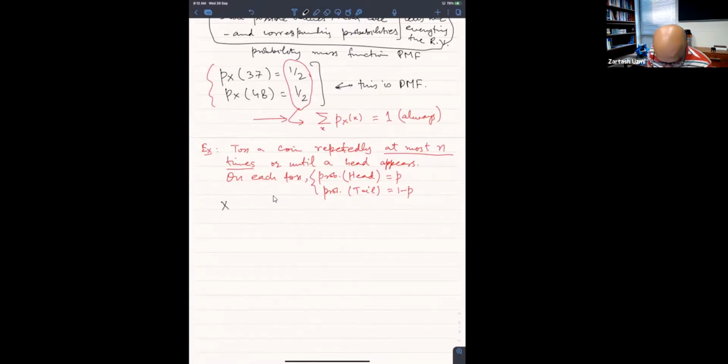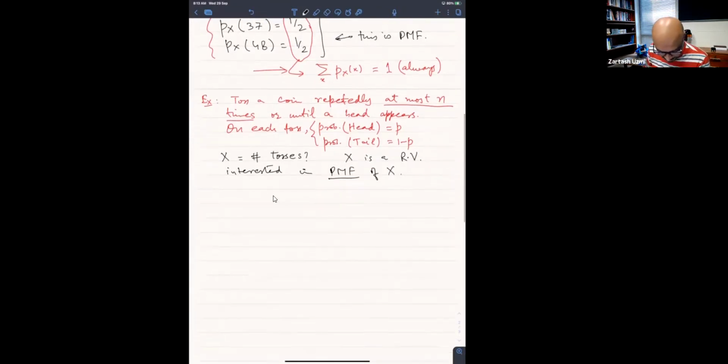It's really up to us. Okay. X is the number of tosses. X is a random variable. I am interested in the PMF of X. PMF का क्या मतलब है? PMF में आपको बताया था, list all the possible values X can take and the corresponding probabilities. What are the possible values X can take?